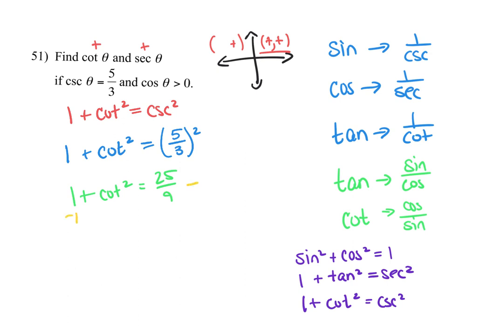When I subtract 1, the common denominator is just denominator over denominator, so cotangent squared equals 25 minus 9, which is 16/9. I'm going to take the square root. The square root of 16 is 4, square root of 9 is 3. I've already determined that my cotangent is positive, so this is my cotangent. I have solved for it.